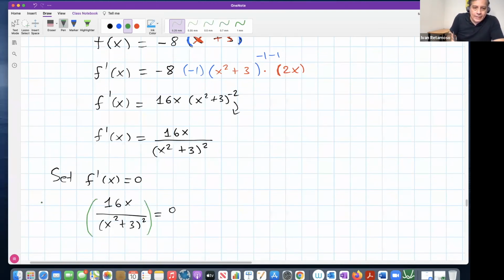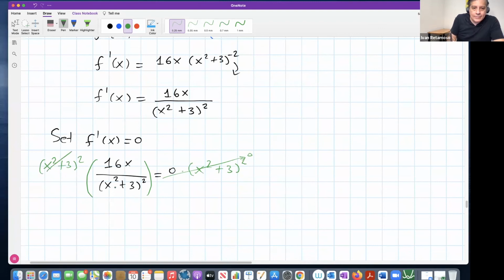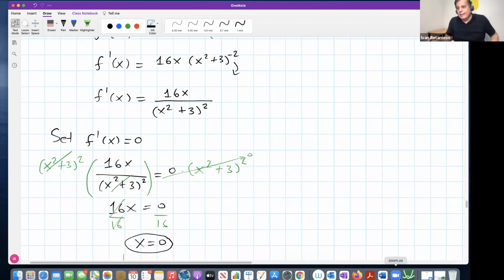Equivalently, if you multiply left side and right side of this equation by x squared plus 3 squared, this is what you get, right? 0 here, and here these two cancel, 16x equals 0, which tells us that x must be 0, right? Once you divide by 16 both sides, x equals 0. So, I got a critical point there, right?